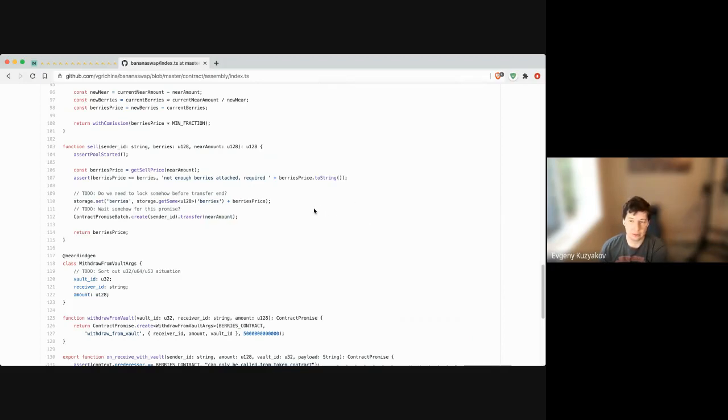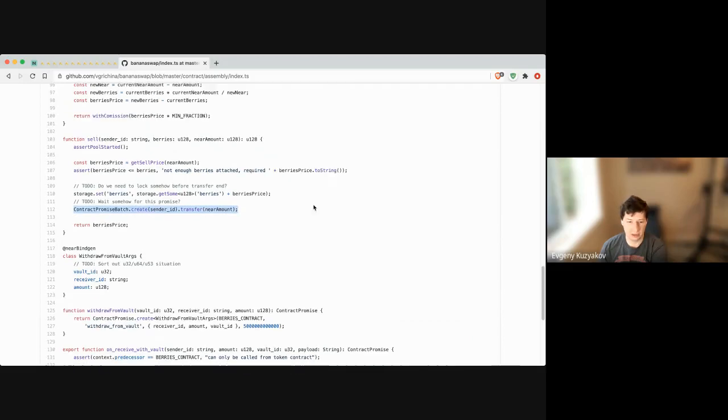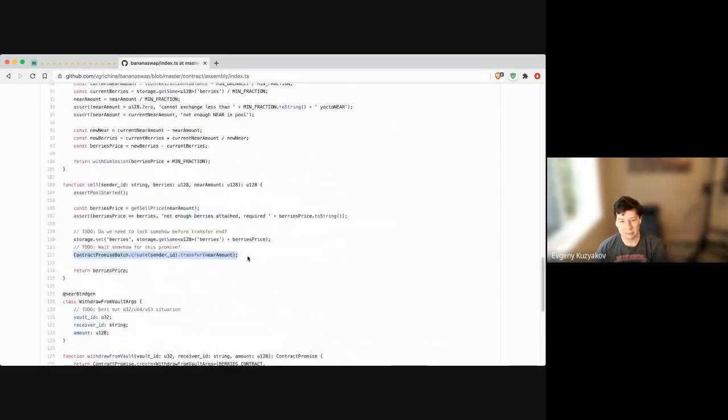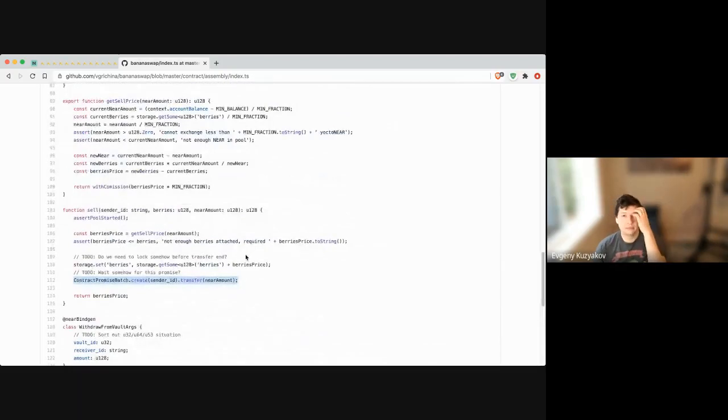And how the runtime works, all promises that you created will be rolled back if later, for example, you trigger an assert. So it's safe to, for example, transfer near before some other assert might trigger. So that's pretty much it.